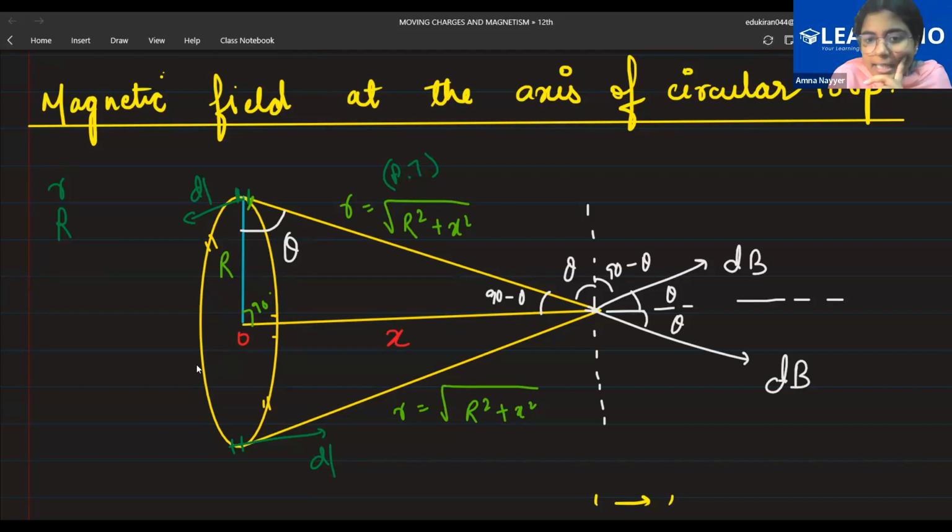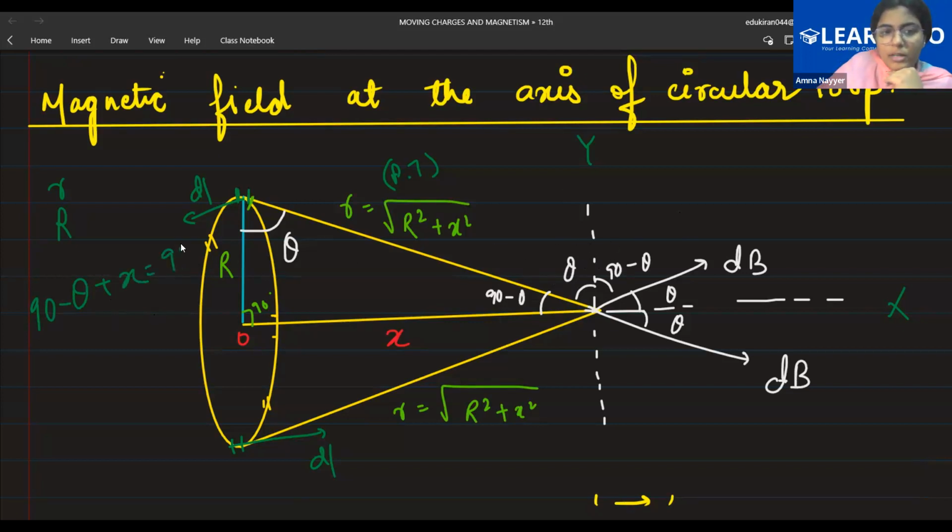Now 90 minus theta is there. This is also 90 minus theta. If I divide it into x and y axis, basically this is the x axis. Here we have the y axis. So if we divide it on the basis of x and y axis, then this total is 90 degrees. 90 minus theta I have taken, plus whatever this angle is, let's say this angle is some x.